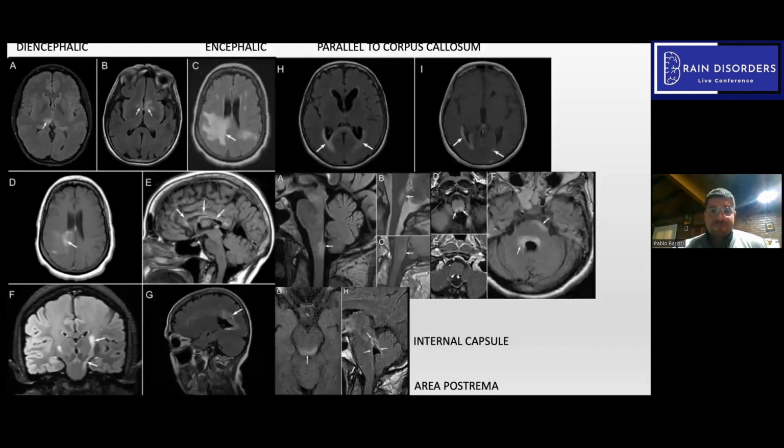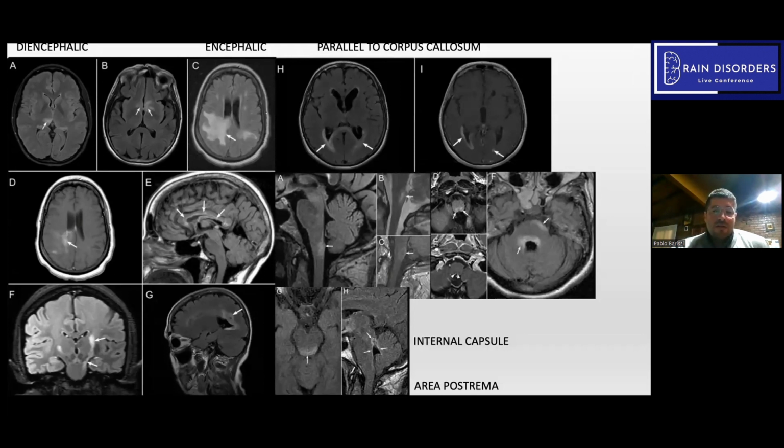Next, please. So the encephalic region is affected, like we said, like we see here in the first 2 pictures. An encephalic lesion that could be tumefactive or something else. The lesions that are parallel to the corpus callosum.